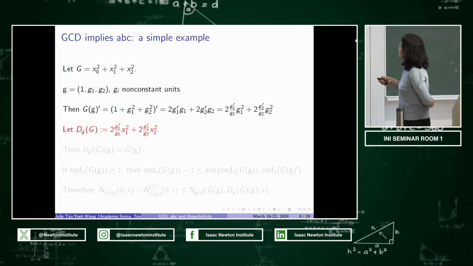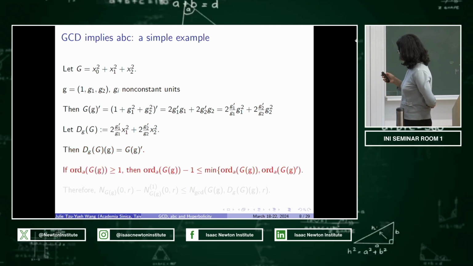And so this will be the coefficient, and this is the variable. Okay, so the way we define it, we know this is a polynomial. And when you evaluate at G, it's just this capital G prime, so it's the derivative.